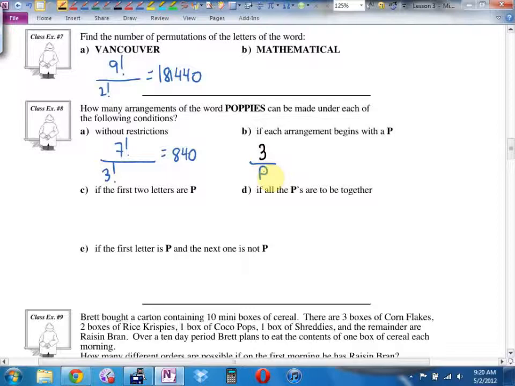Let's suppose it was that one. Now how long is my word? How many letters? How many P's are left? What's going to go right here between these two numbers? Multiply, because it's the fundamental counting principle.